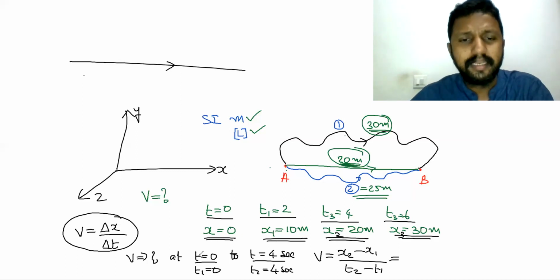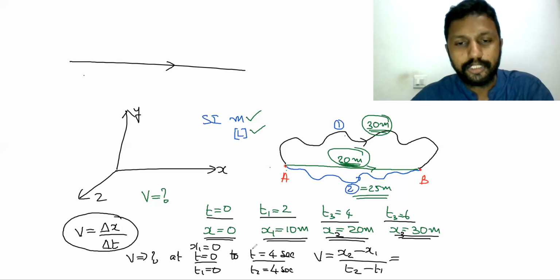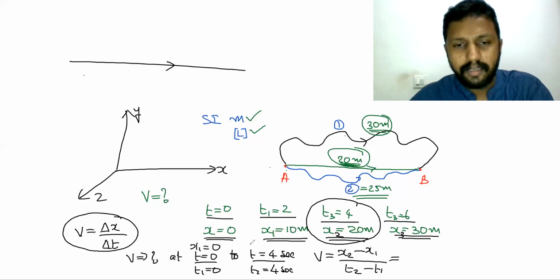Then the initial position, that is x1, what is the position at t is equal to 0? You could see it is 0, therefore x1 is 0 in this situation. Then the final position, at t is equal to 4 seconds, from our current situation the position will be 20 meter.